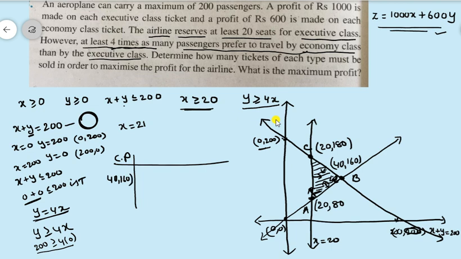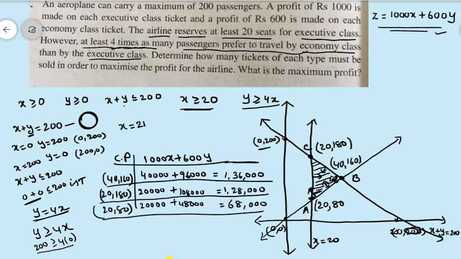First point is 40 comma 160. Next point is 20 comma 180, and next point is 20 comma 80. Substitute these points in the objective function 1000x plus 600y.